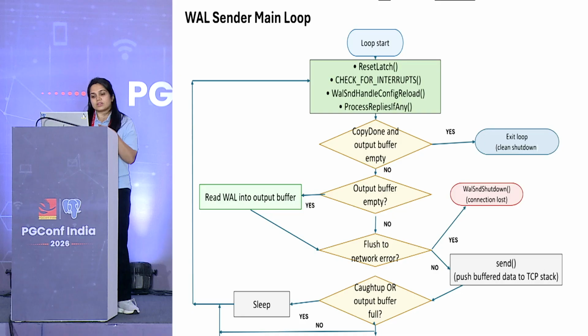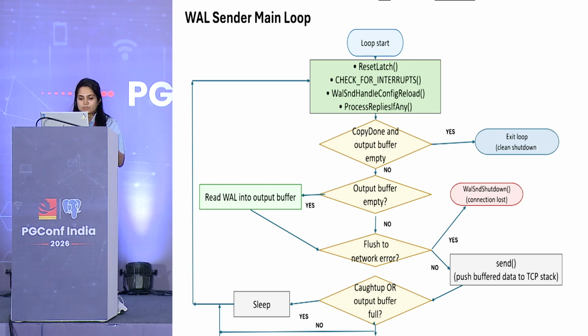So that is when the WAL sender sleeps, if it sees that the output buffer is yet to be sent over the network. So these are the main steps that happen inside the WAL sender, and if we analyze them, there are possibilities of optimizations that we'll see in the future slides.